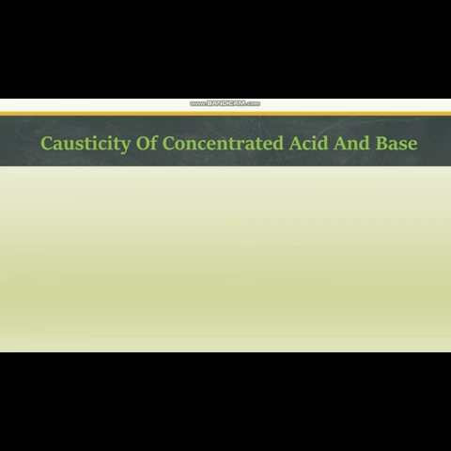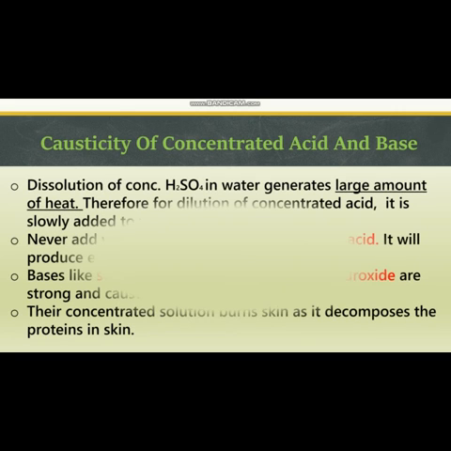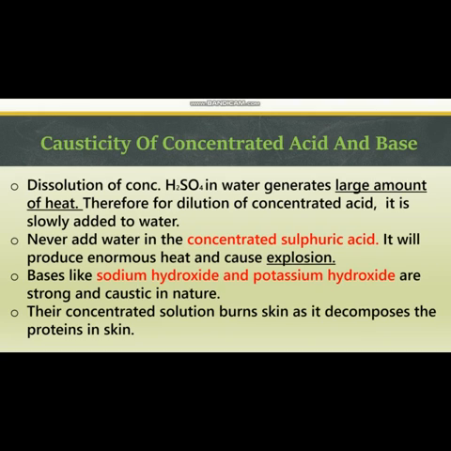This is a small piece of information given in the textbook, students. Causticity is the ability to burn anything. Our skin can get burned if we come in contact with concentrated acid and base. That is the meaning of causticity of concentrated acid and base, to make us alert and aware about its cause. See, dissolution of concentrated sulfuric acid in water generates a large amount of heat.